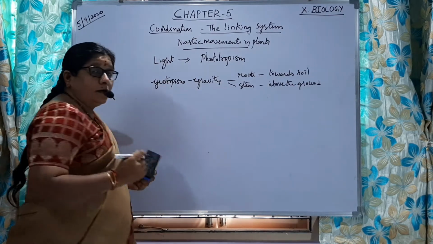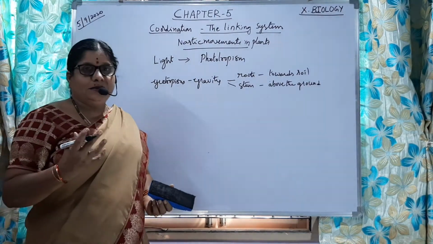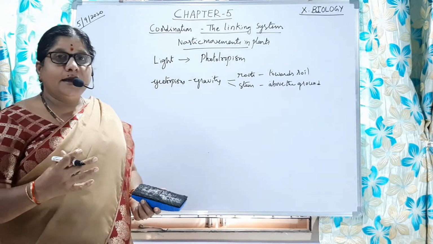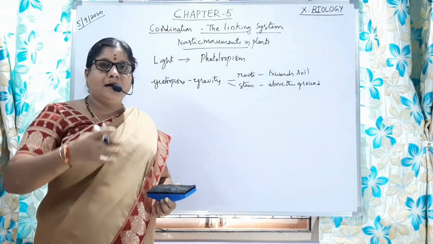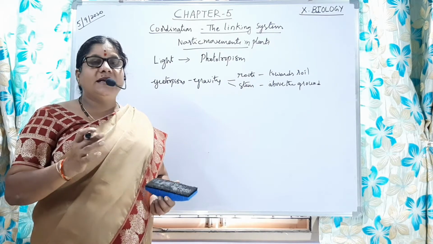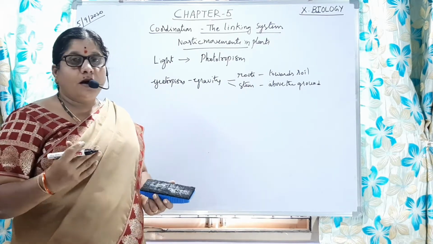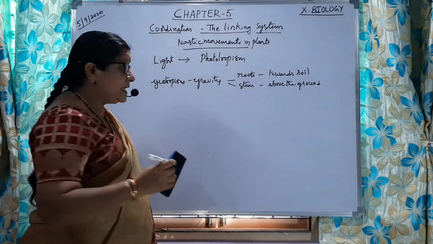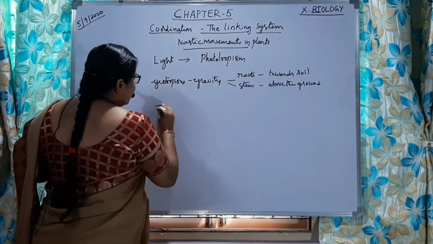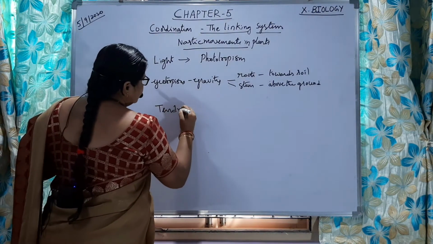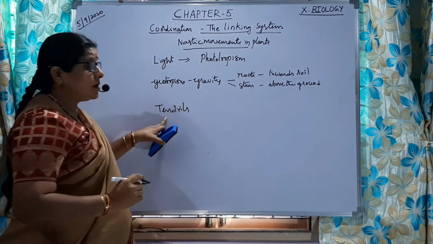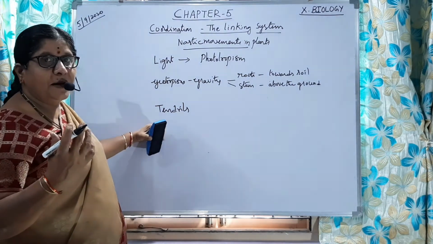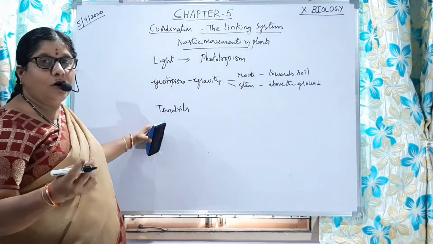Then in weak-stemmed plants like creepers or climbers, as they are very weak, they cannot grow erect or straight, so they need some support for growing. That support happens because of tendrils. Tendrils are the plant parts we observe in weak-stemmed plants like bitter gourd or ridge gourd.